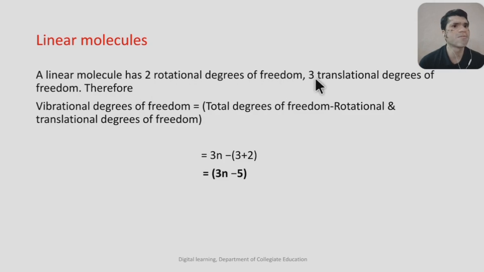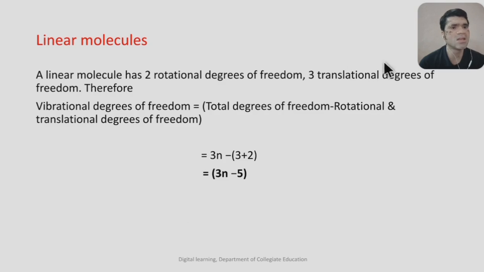Translational motion is nothing but kinetic energy. The molecule can move from one place to another place. It is not like rotation. The molecule can move in the x-axis, the y-axis, and also the z-axis.